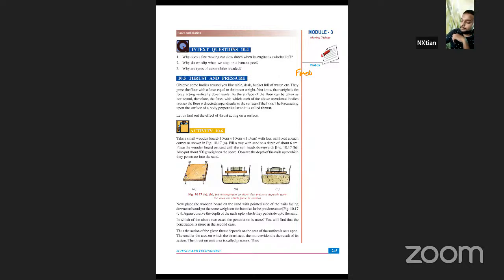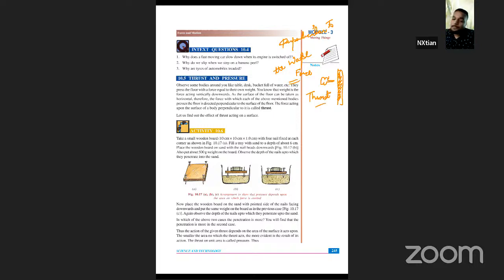For example, if this is a thumb pin, and you are applying a force which is perpendicular to the wall, that force which is perpendicular to the wall is called thrust.